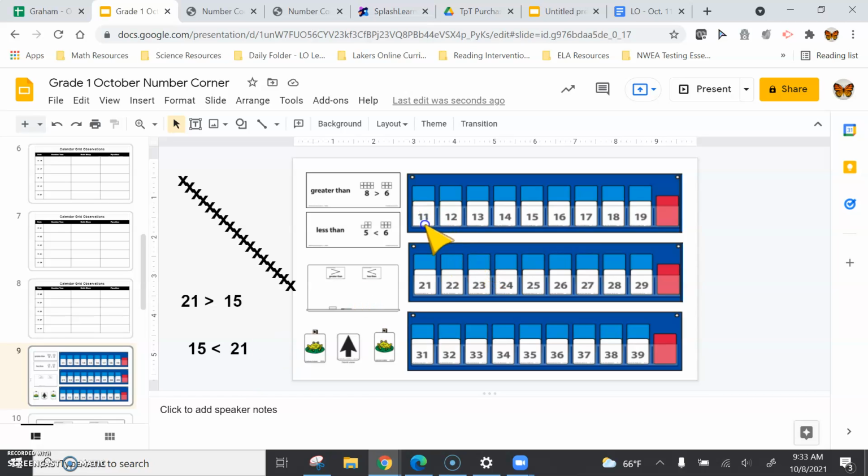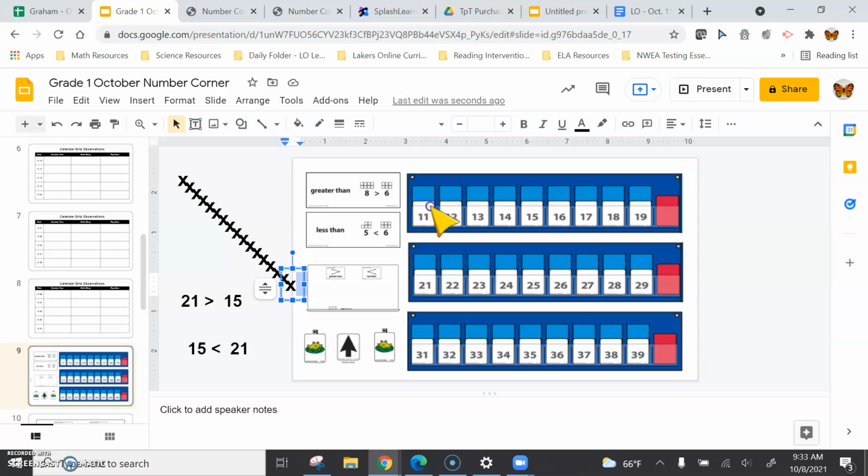We're going to play a quick game. It is going to be, can you guess my number? And I'm only going to deal with the numbers 11, 12, 13, 14, and 15. I want you to guess my number. My number is higher than 13. So that means I would cross out anything that was less than 13.